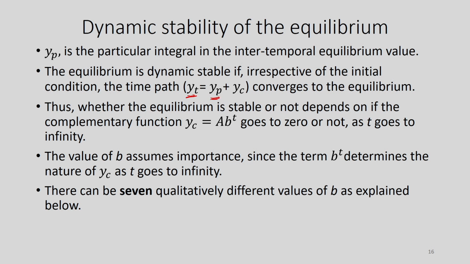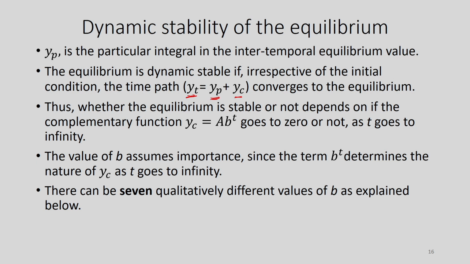Y p, as we know, is the intertemporal equilibrium value of y. So, does the complete solution y t approach the intertemporal equilibrium? Well, that depends on what happens to y c. If y c converges to 0, only then we can say that y t converges to y p.